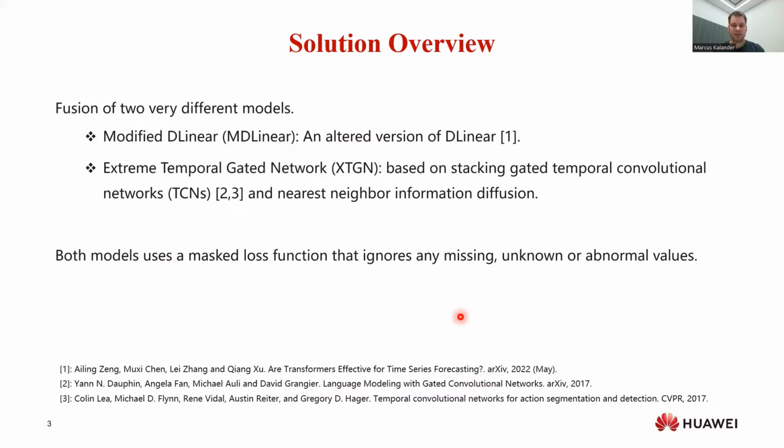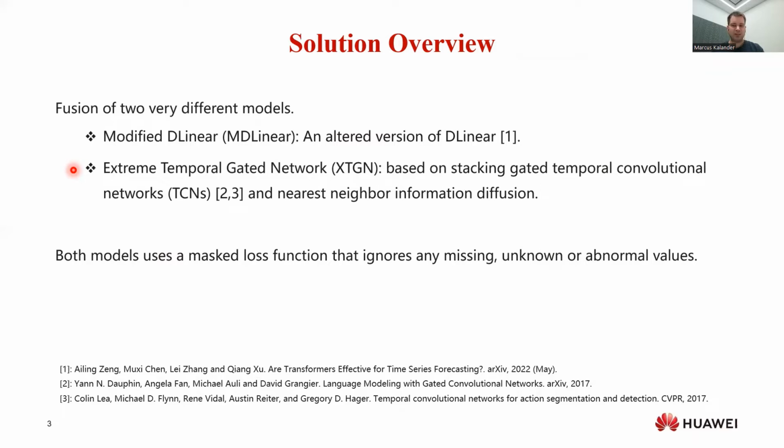So it's quite recent, and it showed that a very simple network can outperform more complex transformer-based models for long-range forecasting. We call the second model Extreme Temporal Gated Network, XTGN, and it's based on stacking multiple gated extensions of temporal convolutional networks to create forecasts for each wind turbine.